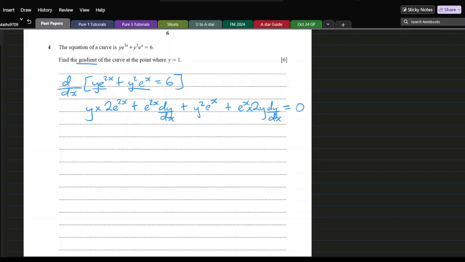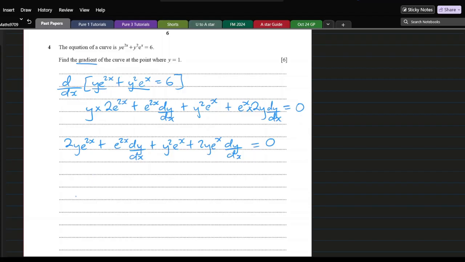Alright, so let's simplify what we have. We've got 2y e to the 2x plus e to the 2x dy dx, plus y squared e to the x plus 2y e to the x dy dx. And now our goal is to make dy dx subject of the formula.